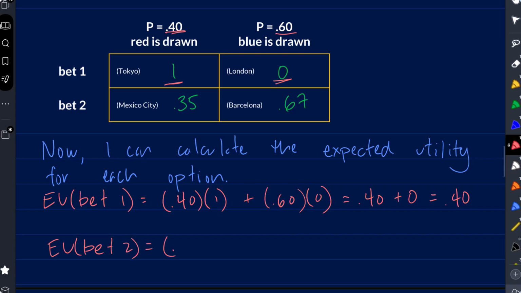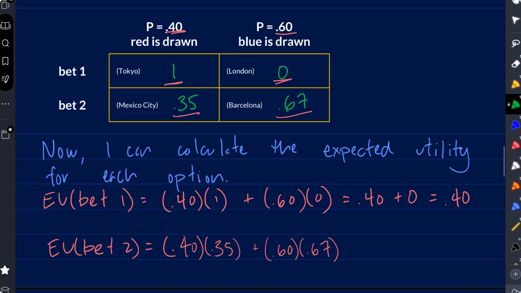For bet 2, I have 0.4 times 0.35 and 0.6 times 0.67.